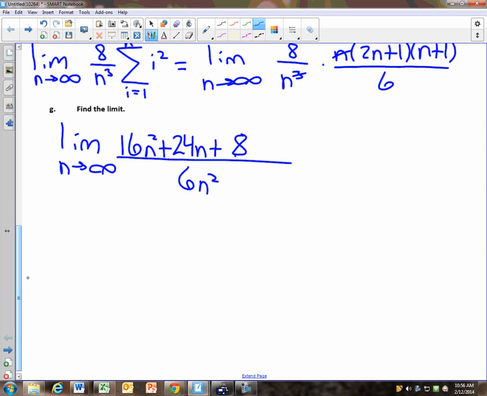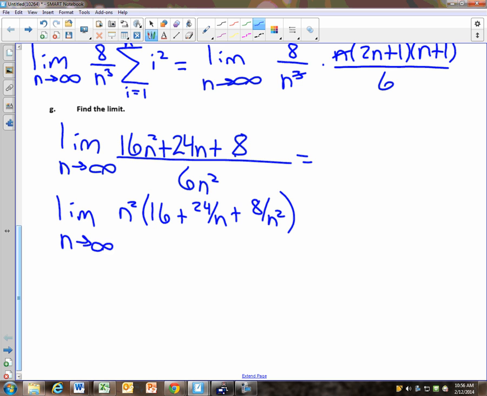What do you factor out? N squared. You get 16 plus 24 over n plus 8 over n squared, over n squared times 6.